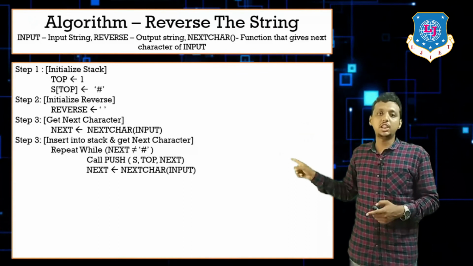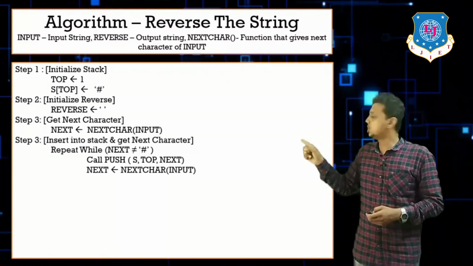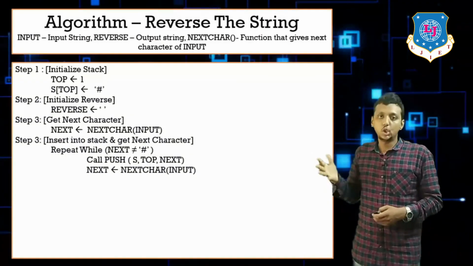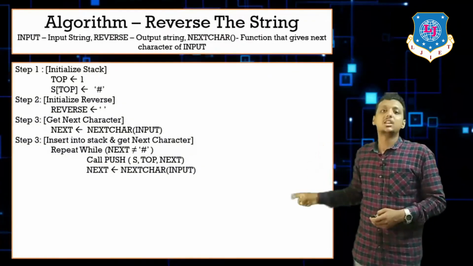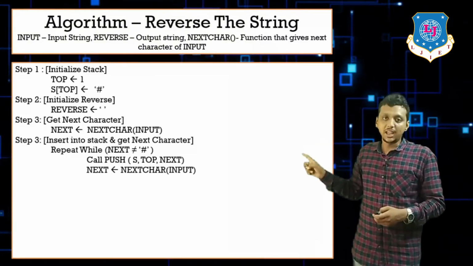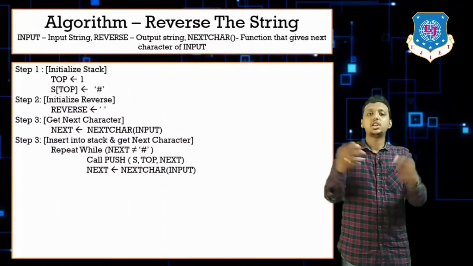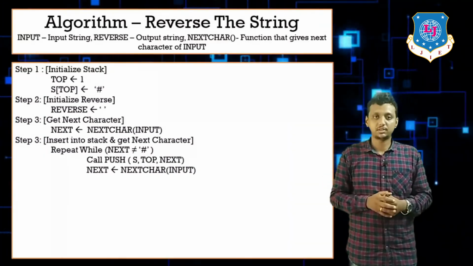No, push the A, get T, check the condition, is T equal to hash? No, push the T, get the A, check again, push the A, get hash, check again, hash equal to hash, the condition matches, now it will stop.